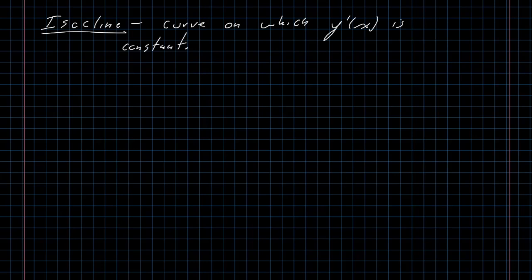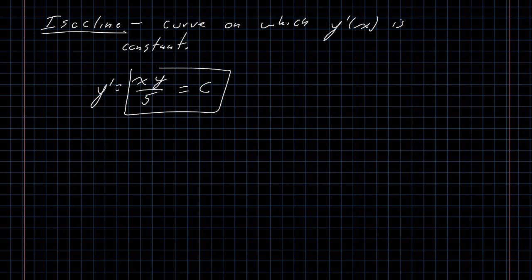An isocline is a curve on which y prime of x is constant. So going back to my first example, y prime equals x times y over 5. If I set that equal to some constant c, well, I can rearrange this equation and I can write that y is equal to 5c over x.